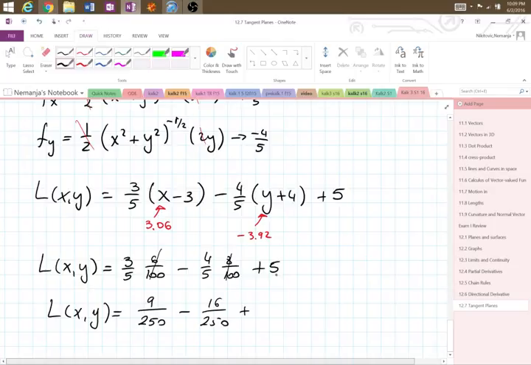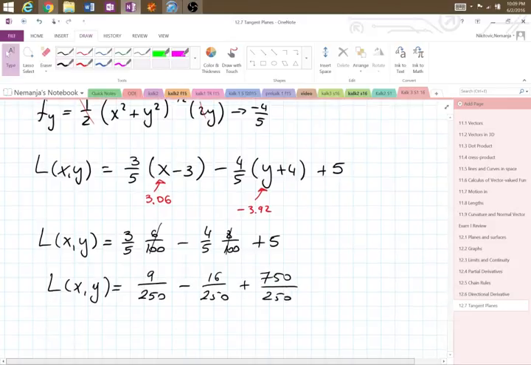So 5 times 250 is 1250 over 250. And the answer is over 250.